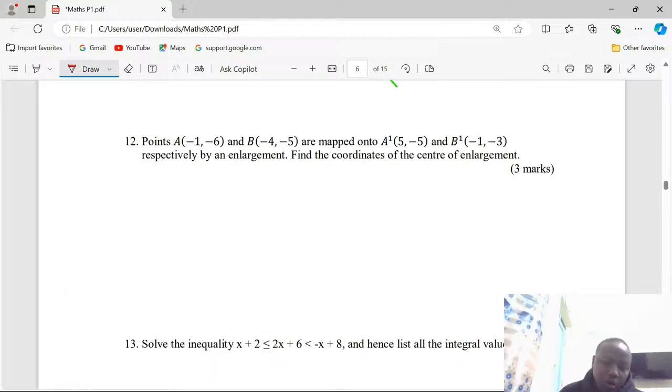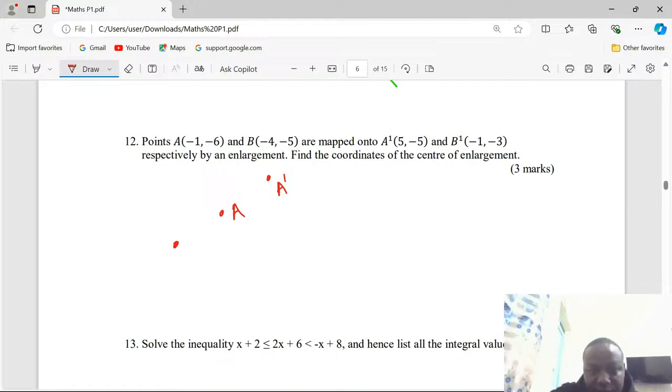It's good for you to know that, assuming we had a center of enlargement at some point here, we have the coordinate of A at this point, then A prime at another point.